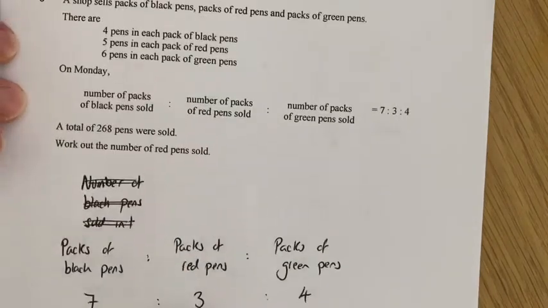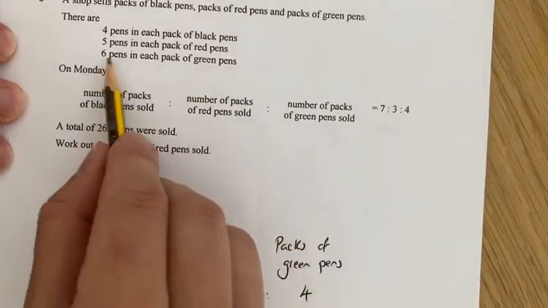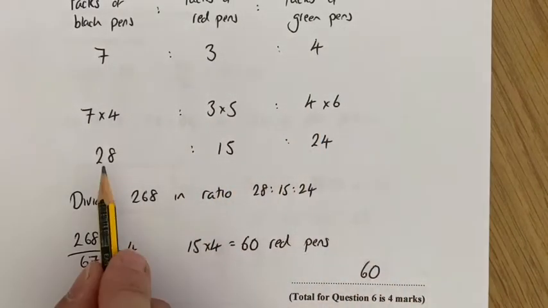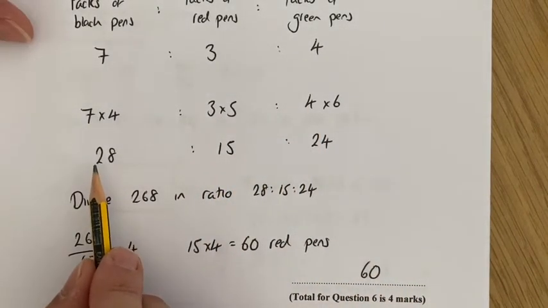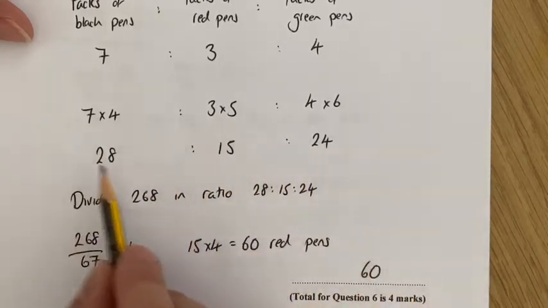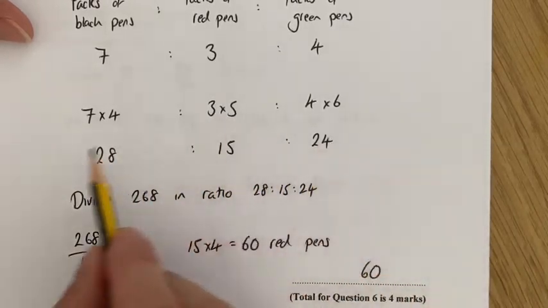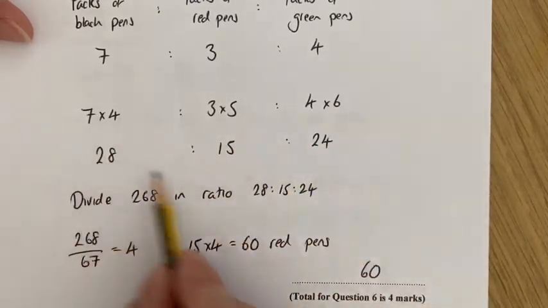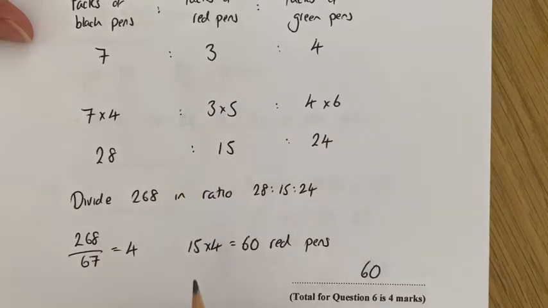Equivalently, with red, because there's 5 red and then 6 green, we need to do 3 times 5 and we need to do 4 times 6. So then we get this ratio, 28 to 15 to 24. That ratio tells us the ratio of the number of pens, which is different to the number of packs.